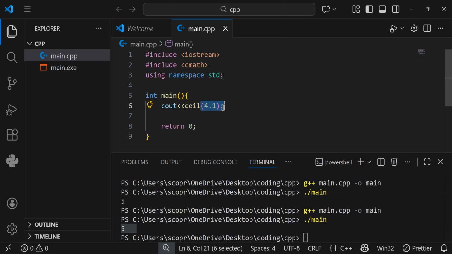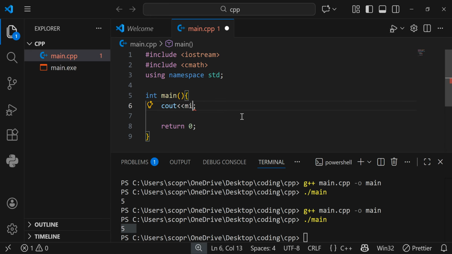Okay, so let us take a look at how we can get the minimum and the maximum number between two numbers. For that, we use the min and the max functions. Let us delete all these ones. They take two parameters.